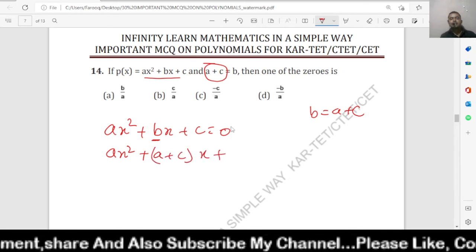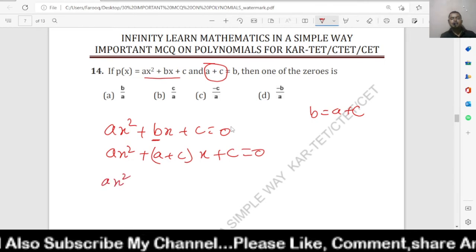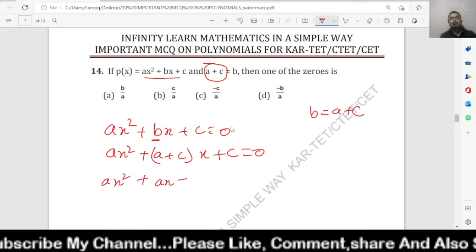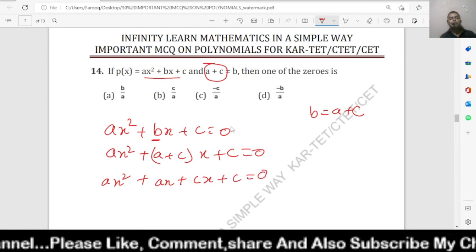This x as it is and this plus c as it is, ax square plus a into x, ax, plus c into x, cx, plus c equal to 0.